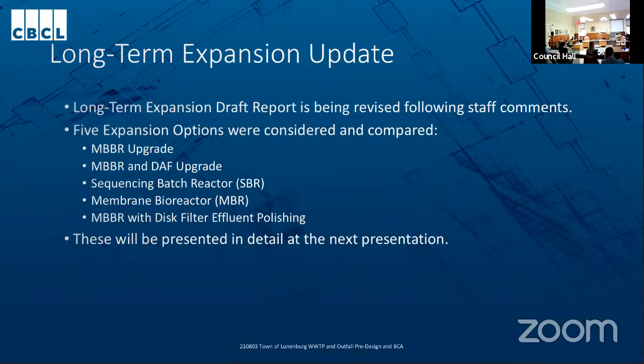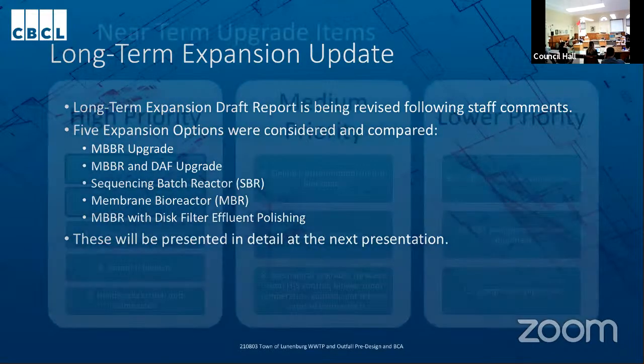A change to a completely different process, that's a sequencing batch reactor. And another process change in a membrane bioreactor or MBR, and finally option 1, but with effluent polishing for better effluent quality. These will all be presented in detail at the next presentation taking place next week. Next slide, please.